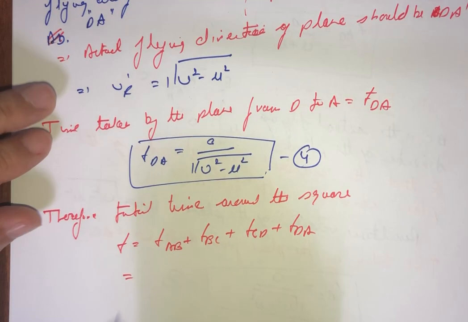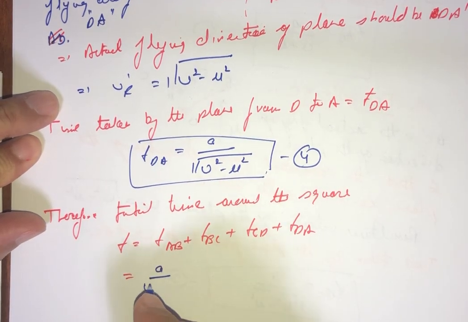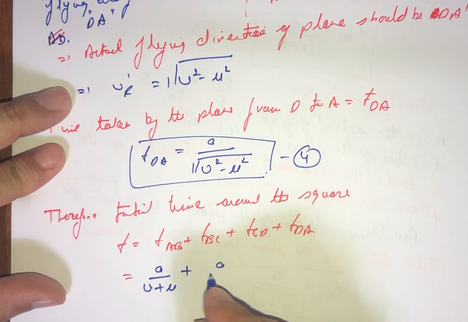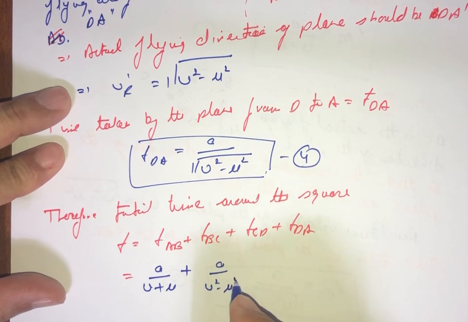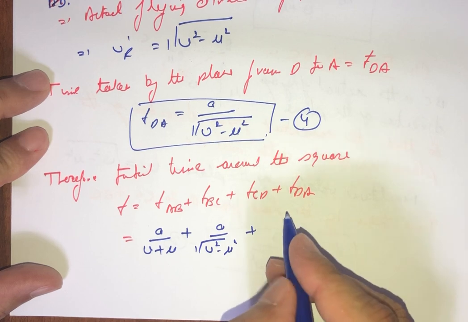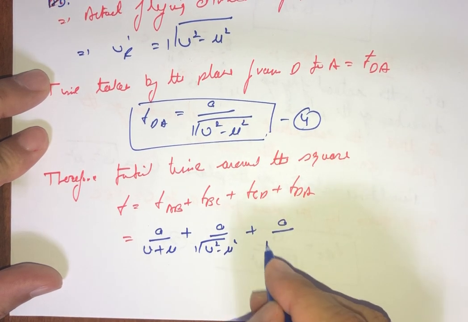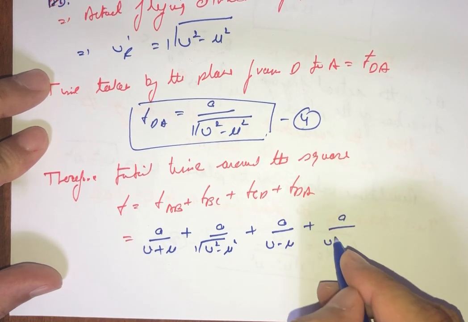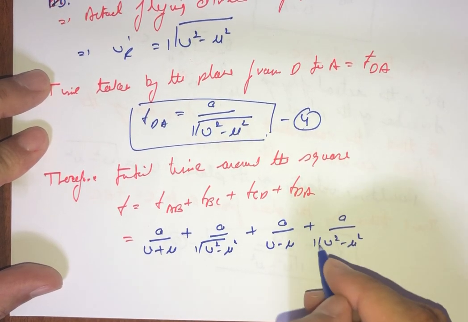TAB was A divided by U plus A, TBC was A upon square root of V square minus U square, plus TCD was A upon V minus U, plus A upon square root of V square minus U square.